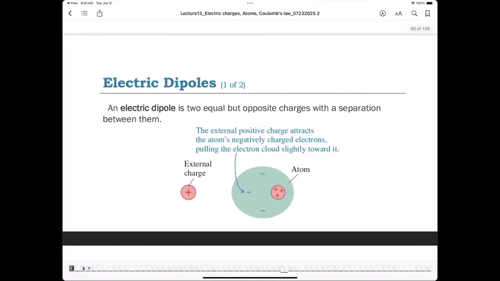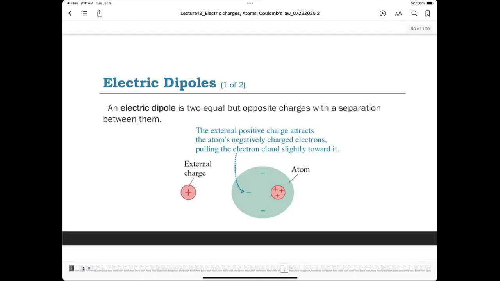Let's talk about electric dipoles. An electric dipole is two equal but opposite charges with a separation between them.